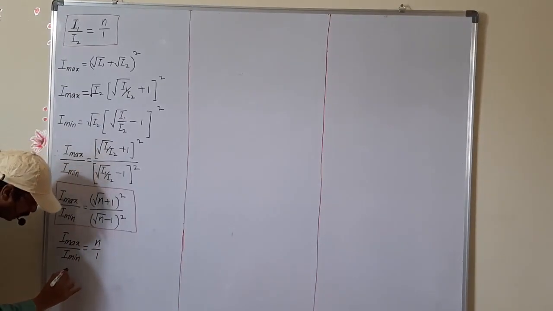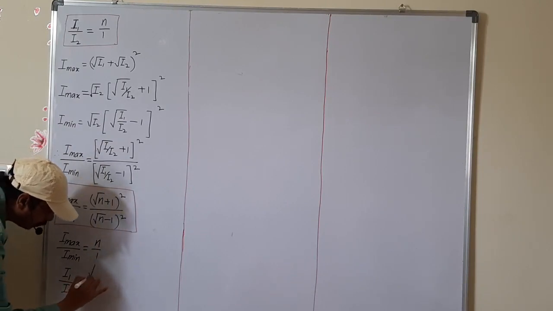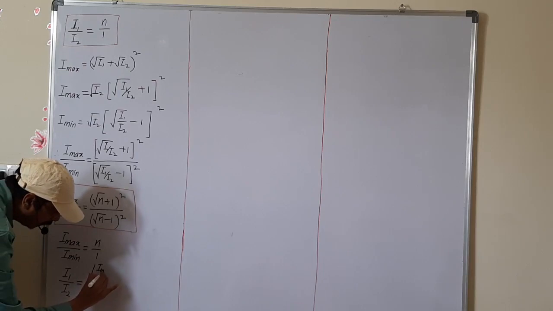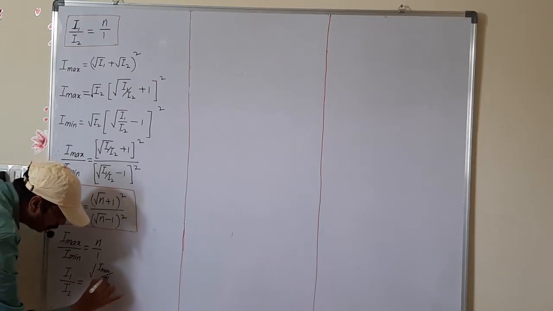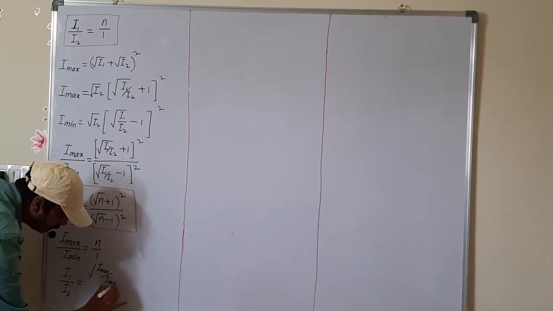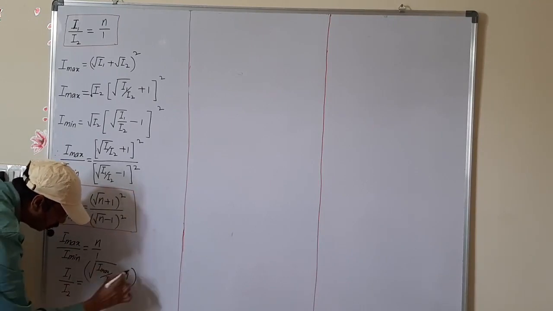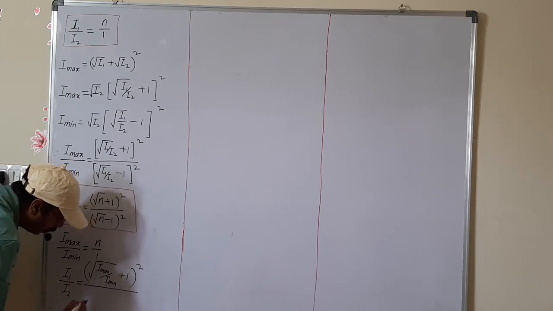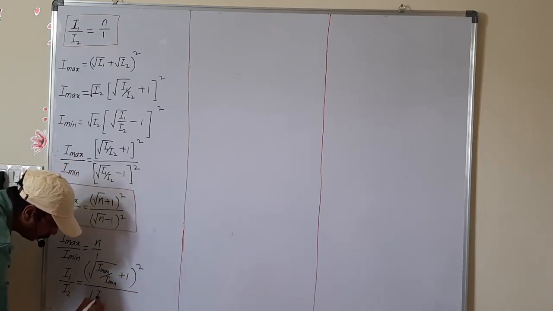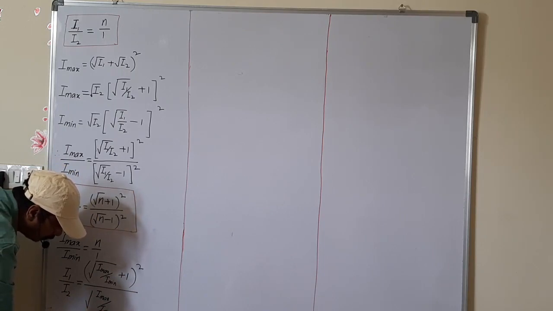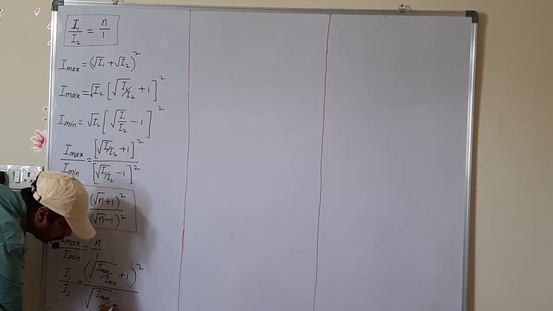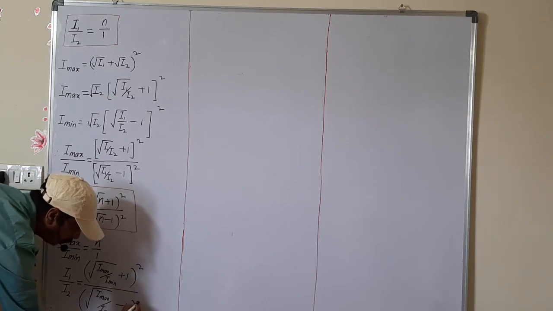To find I1 upon I2 is equals to, the formula is under root I max upon I minimum plus 1 whole square upon under root I max upon I minimum minus 1 whole square.